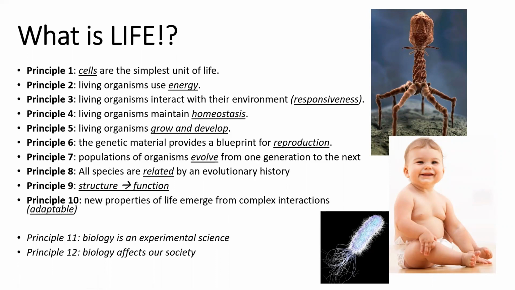So the first statement is that cells are the simplest unit of life. Second, living organisms must be able to use energy, they must be able to produce energy. Third, living organisms interact with their environment. That means that they are sensitive.